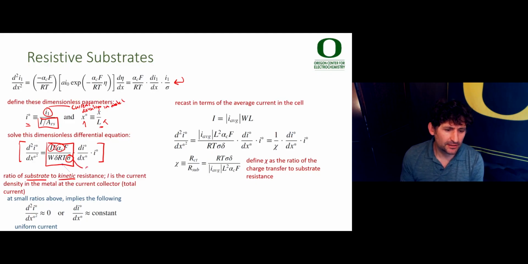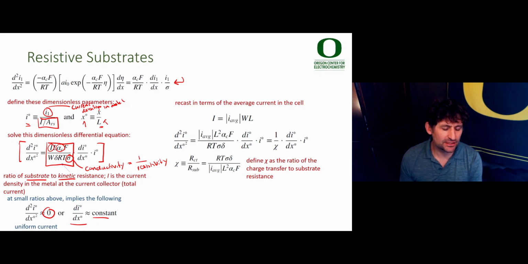Remember, sigma is the conductivity, and that's related to 1 over resistivity. When this ratio is very small, the second derivative goes to 0, or the change in current with respect to position is constant. So what does it mean this ratio is very small? Well, what it means is the ratio of the substrate to kinetic resistance is small.